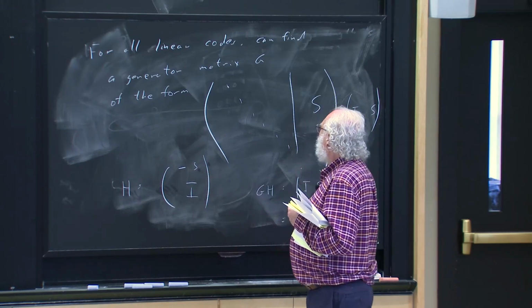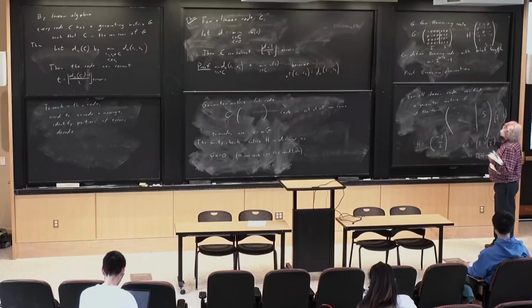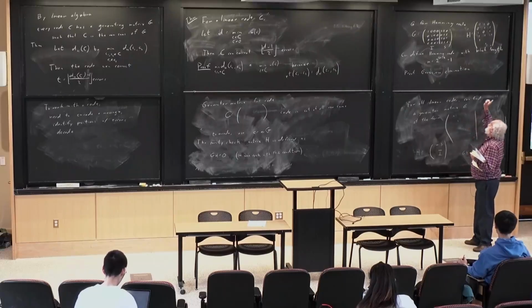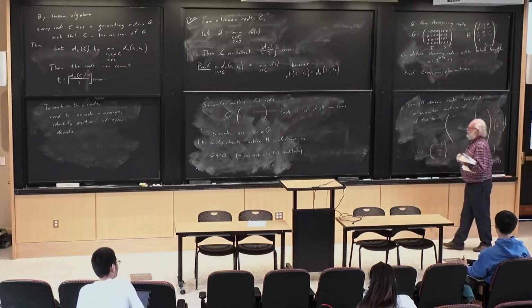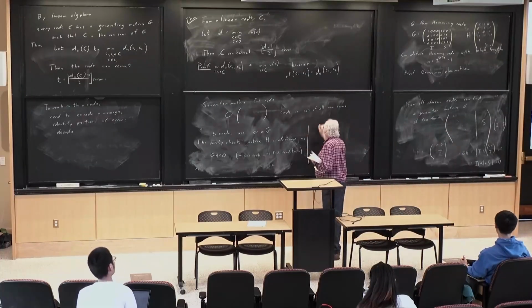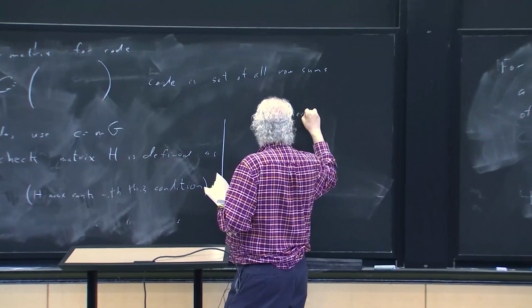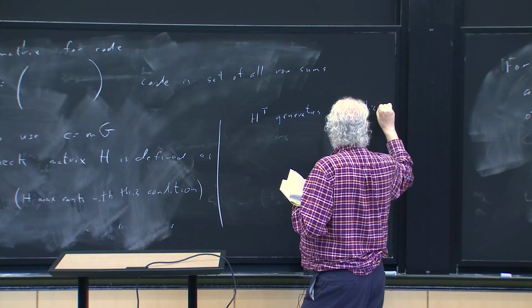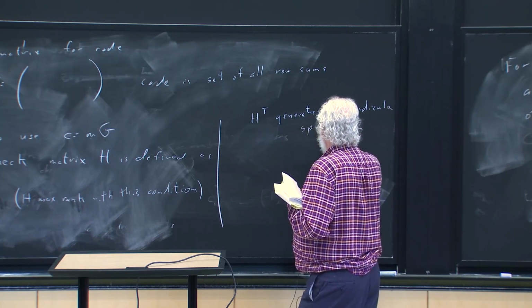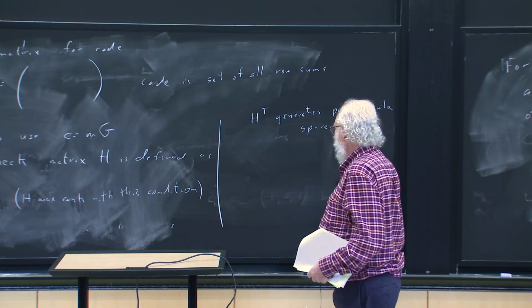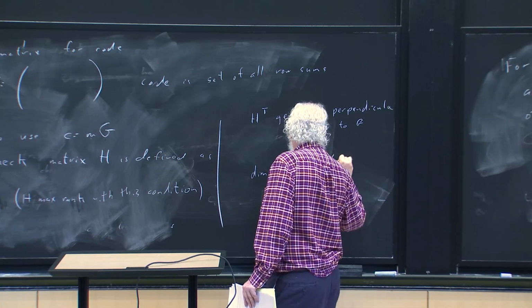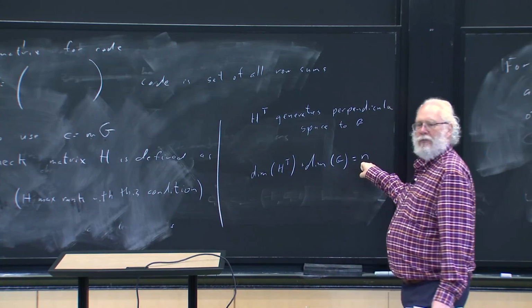I mean, I want to say H transpose generates the perpendicular space to G, and the dimension of H transpose plus the dimension of G is equal to n, the dimension of the entire space.